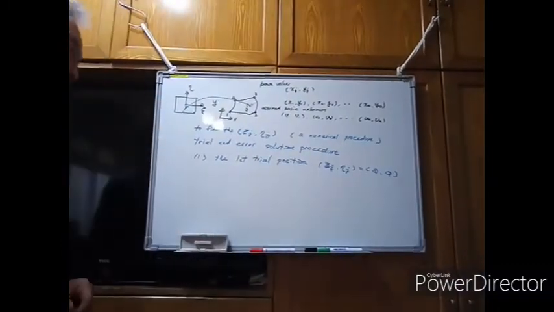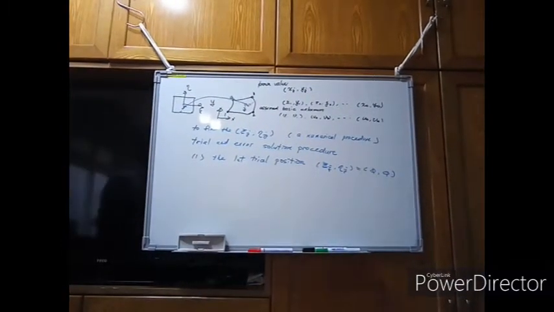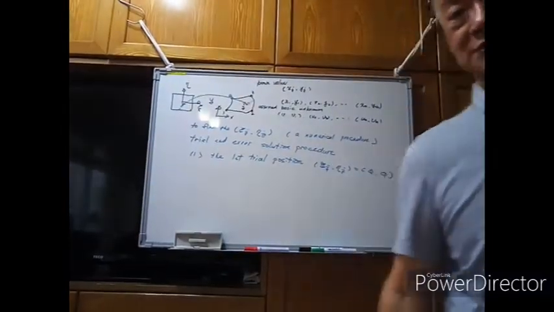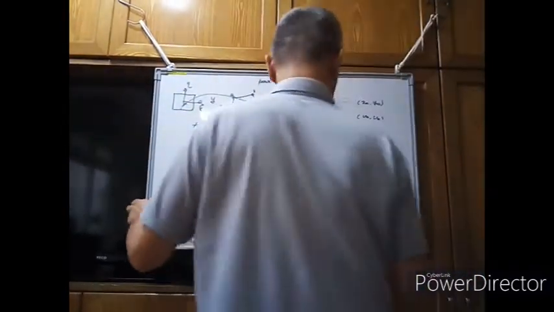First, we will try the Cj and the eta j equal to 0 and 0. And remember, the 0 and the 0, they are the center point.